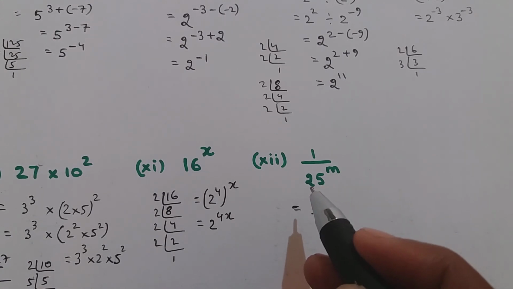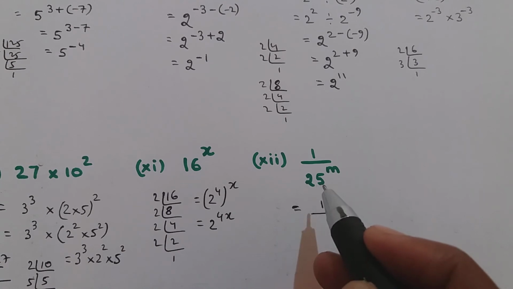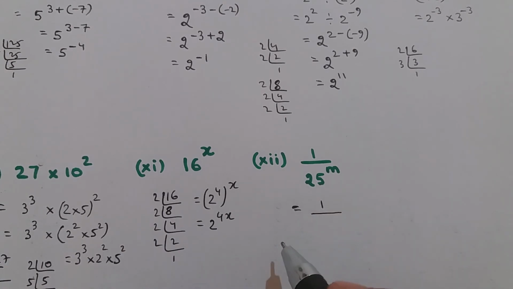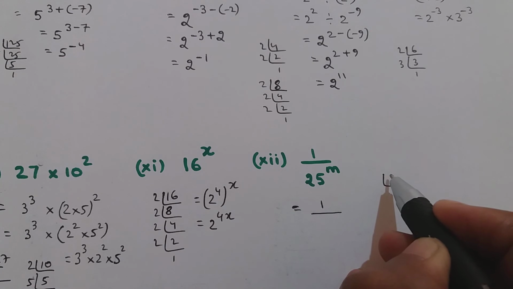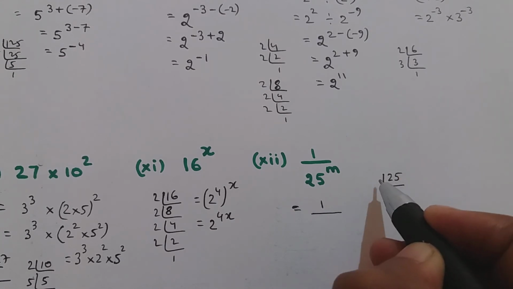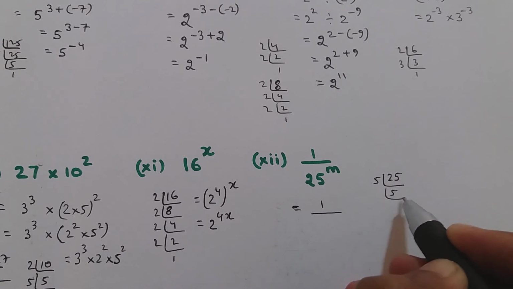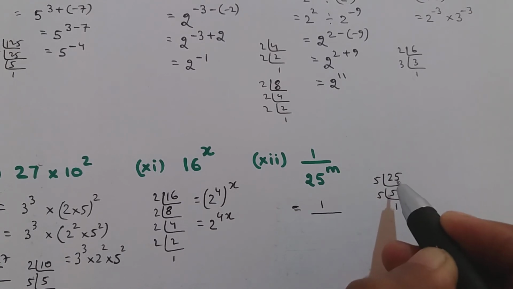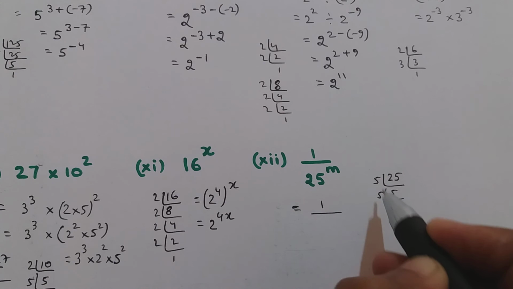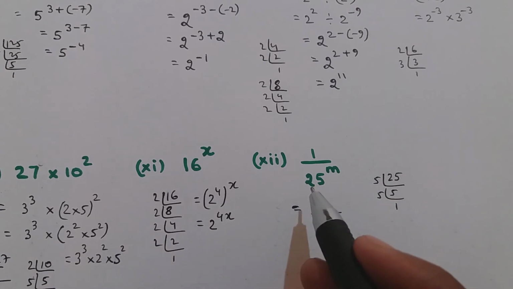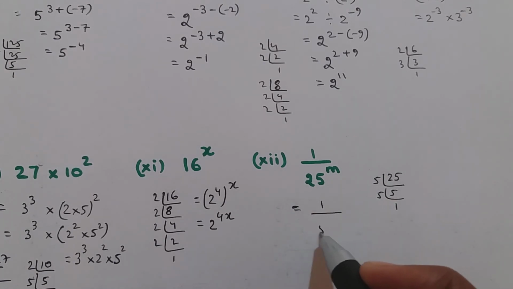So I will do the prime factorization of the base, which is 25. It is 5 5s are 25, 5 1s are 5. So 25 is 5 into 5, or I can say 5 square.